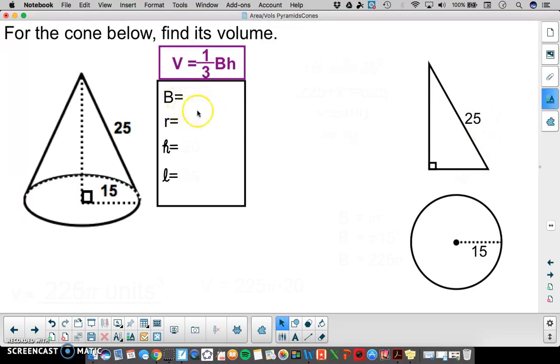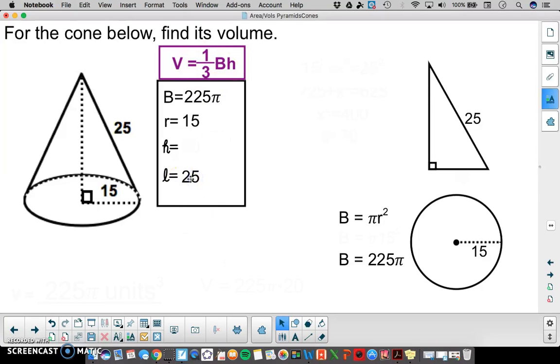I first am going to find big B by finding the area of the circle. That's going to be pi r squared. So pi times 15 squared gives us 225 pi. I was given the radius of 15. I need to be able to find the height of my cone to be able to find the volume.